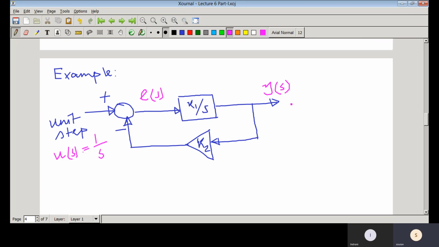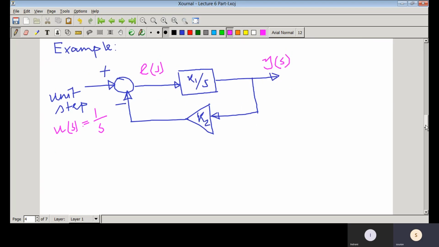Now you are asked to find, in this closed loop control system, if you apply the unit step function here, what would be the output when t tends to infinity? So we'll be applying the final value theorem here.